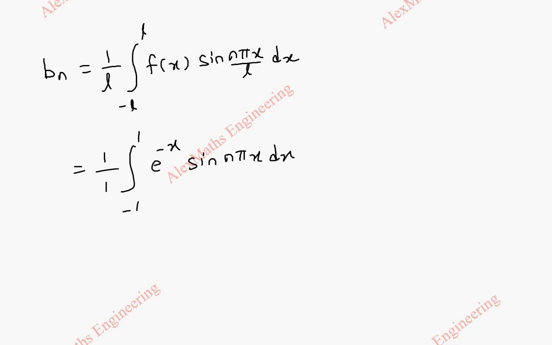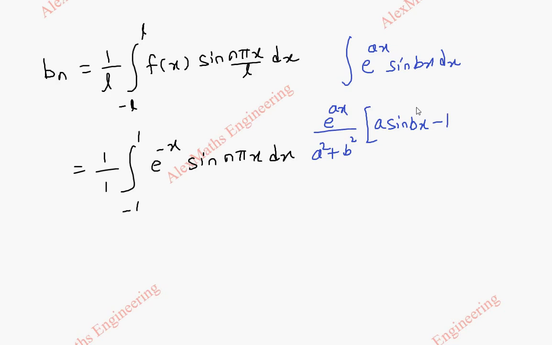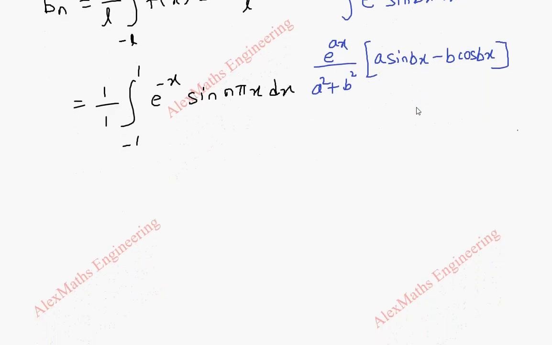Again we are going to apply the basic integration formula, integral e power ax into sin bx dx. This formula is e power ax by a square plus b square, into a sin bx minus b cos bx, and we have plus c, but here we have a limit, so we don't apply that plus c here.